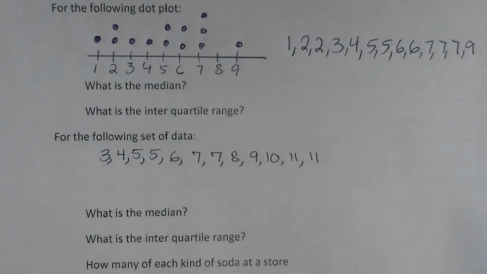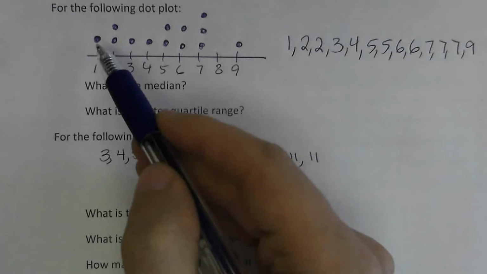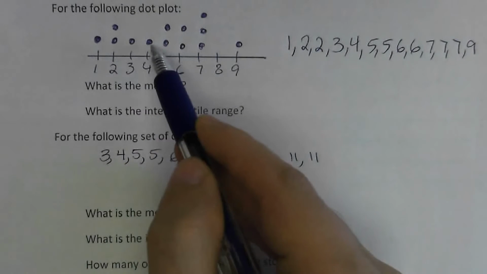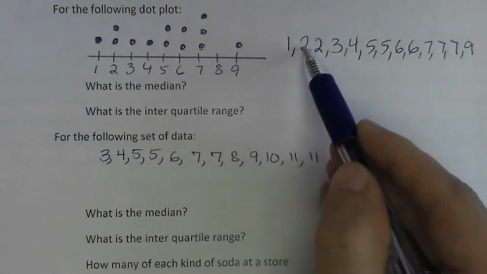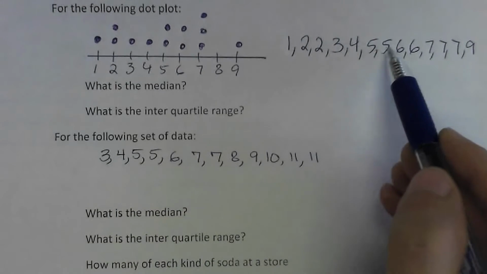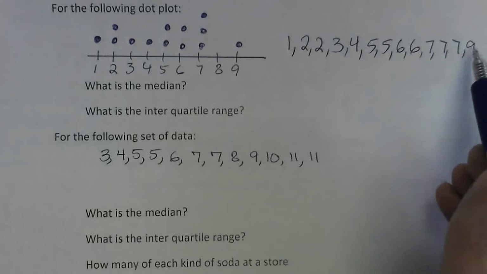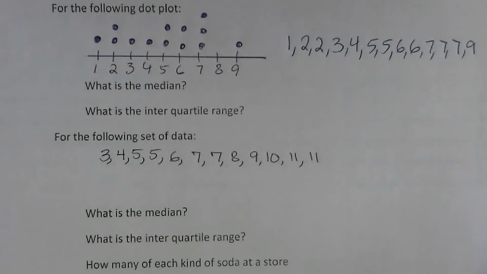Now, once you're done, I strongly recommend to check your work on this. So we've got 1 2 3 4 5 6 7 8 9 10 11 12 13 dots. 1 2 3 4 5 6 7 8 9 10 11 12 13 numbers. So I know it checks out.